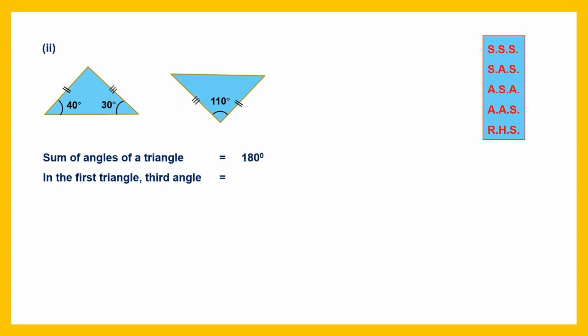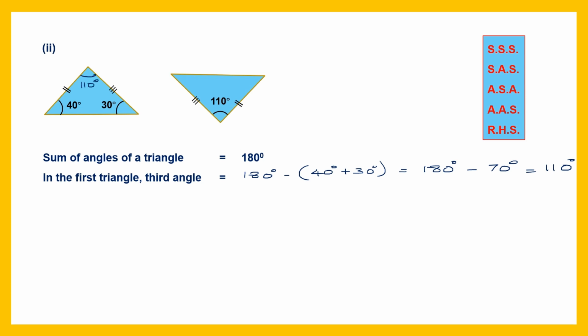So that will be 180 degrees minus (40 degrees plus 30 degrees). 40 plus 30 is 70, so 180 minus 70 is equal to 110 degrees. So we have found this to be 110 degrees.